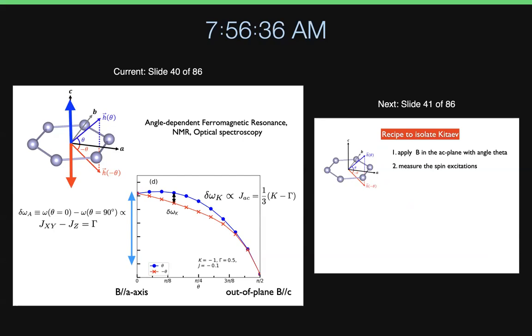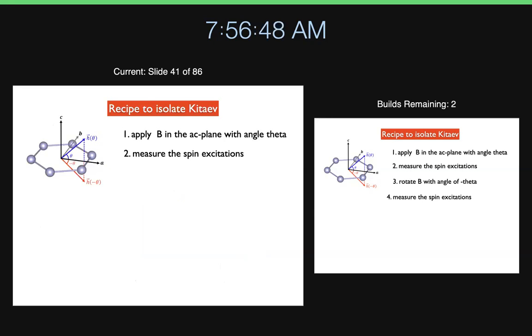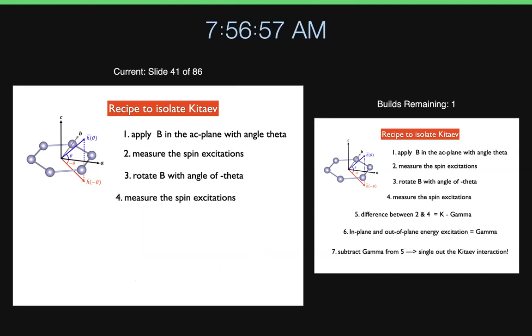So I have two unknowns, K and gamma. If I know this one first, I subtract it out of this interaction, and I can isolate the size of the Kitaev interaction. So that's the recipe to isolate the Kitaev. Apply the B field in the AC plane with the angle theta, and then measure the spin excitations, and then rotate the field with minus theta here and measure the spin excitations.